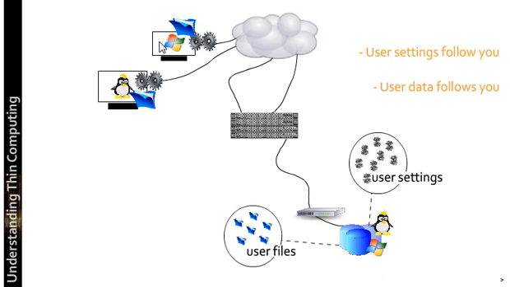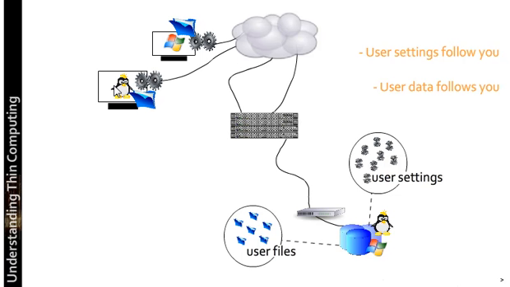A key advantage to thin computing is security, securing data at rest. All the data here resides in the storage underneath our network environment, and all of our settings reside here as well. So we'll talk in just a moment about how many users can use a single image, but this gives you the ability to have your settings anywhere you are and your data anywhere you are.